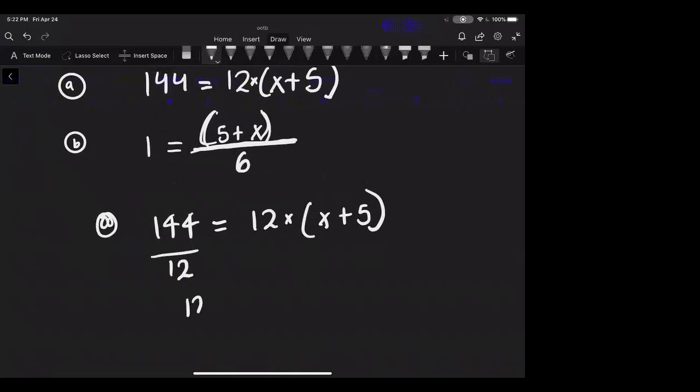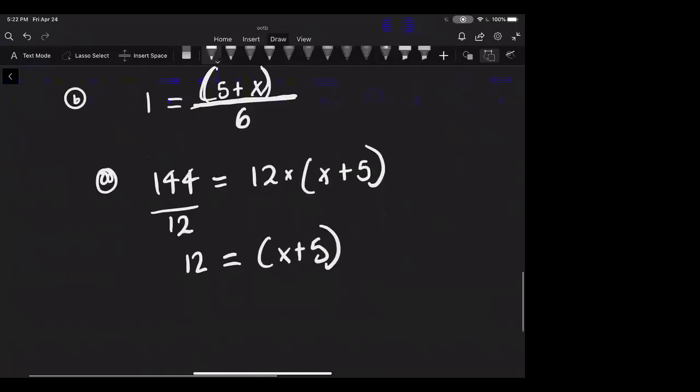And that gives us 12 is equal to x plus 5. Is there anything else around the bracket? No, we already did that. On this side of the equal sign, there's nothing, right? So now we can go inside the brackets.